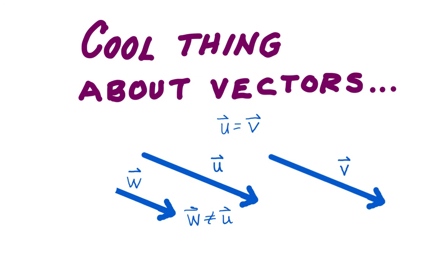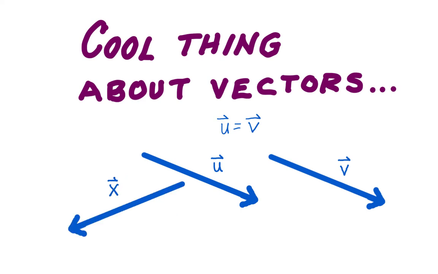Vector W is shorter, so its magnitude is less than that of vector U. Now with vector X, it may be a little bit hard to see, but the magnitude of vector X equals the magnitude of vector U. However, as you can see, these have very different directions. So vector X does not equal vector U.